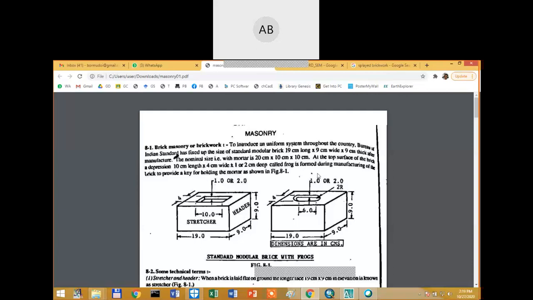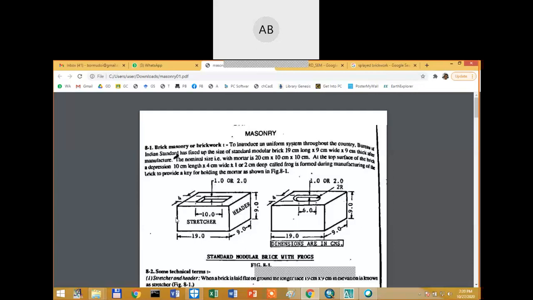It is formed during the manufacturing of the brick. Sometimes you see some letters written on the brick, according to the manufacturer or the company name, but the frog dimension should be the same.